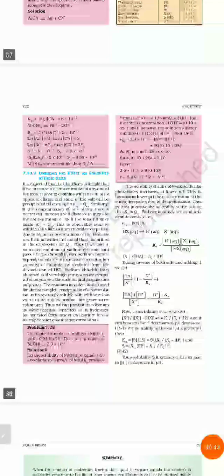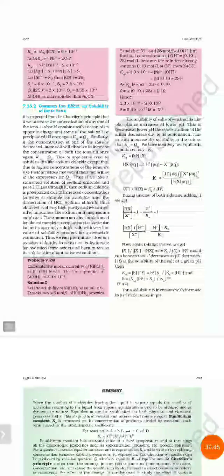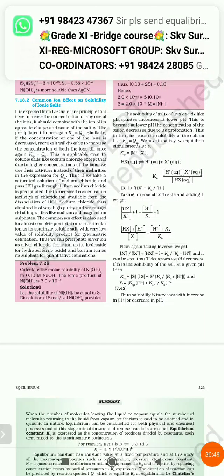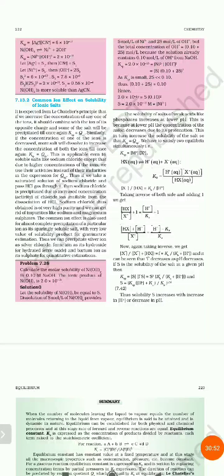Next one, the last concept: common ion effect on solubility of ionic salts. So how does the common ion effect present itself on the solubility of ionic salts?